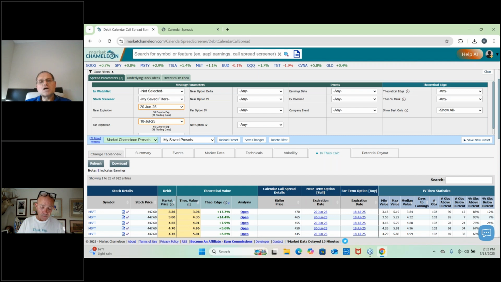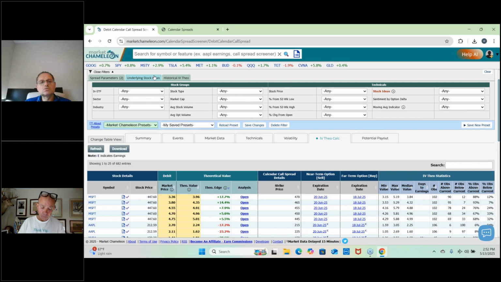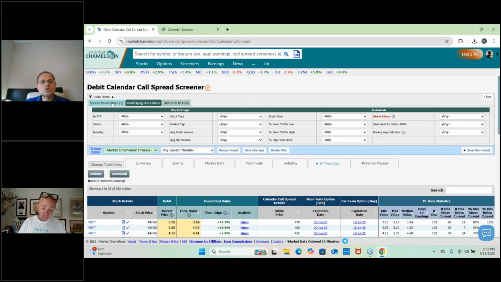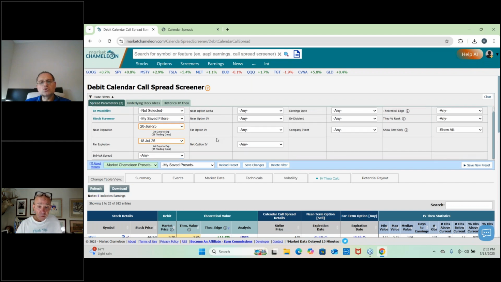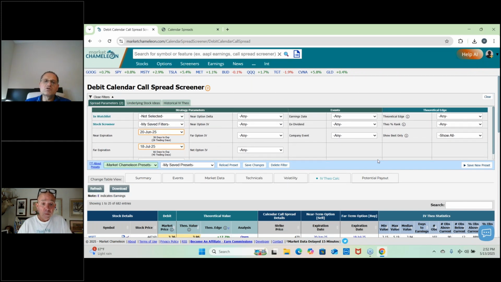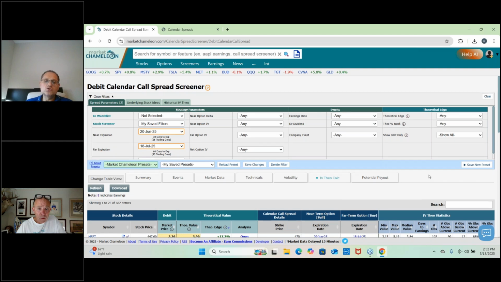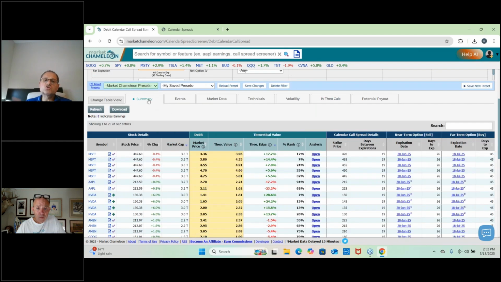You cannot change or toggle this from the screener. The screener is just defaulted to what we have, but if you're interested in this spread, one way to do it is to narrow things down.